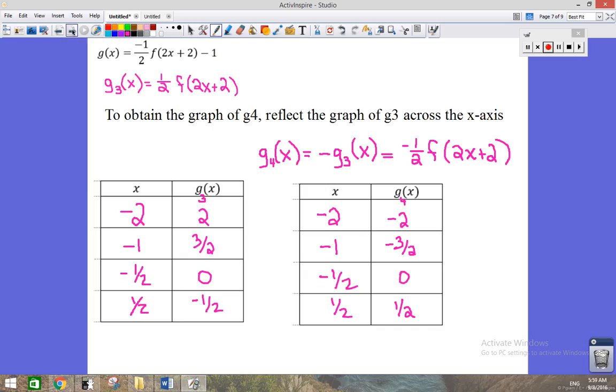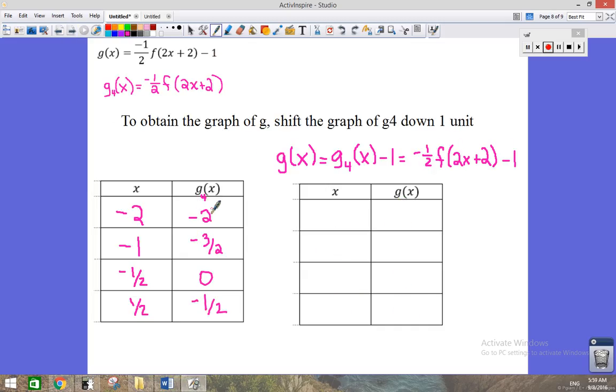So now we're ready for our final transformation, and that's going to be to shift the previous graph, this G4, down 1 unit, so my x's stay the same. And all of these being shifted down, I subtract 1.